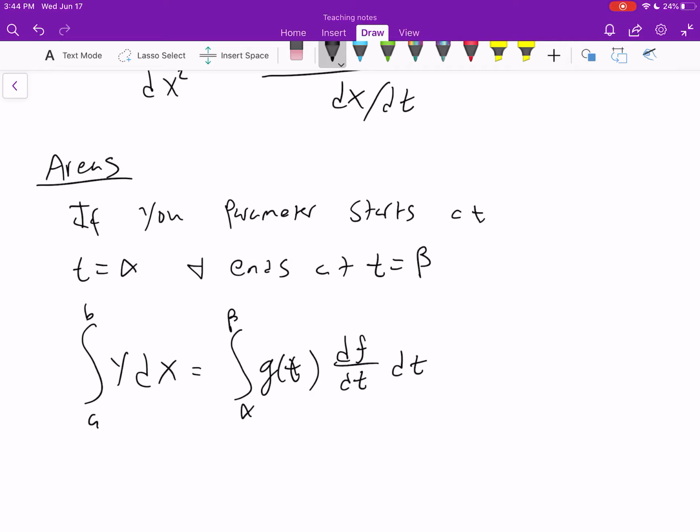Given these functions, you can determine this area.